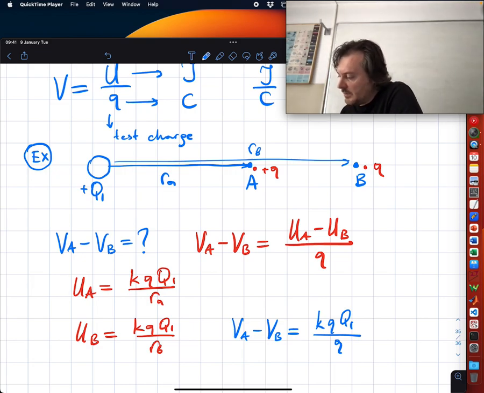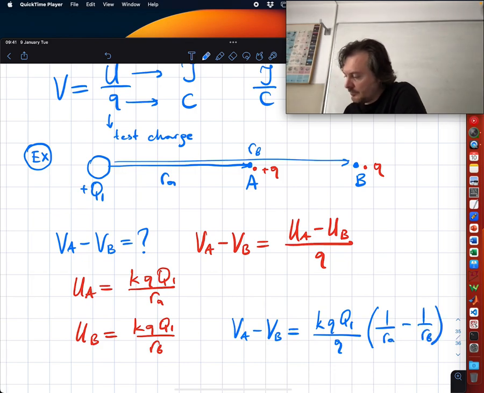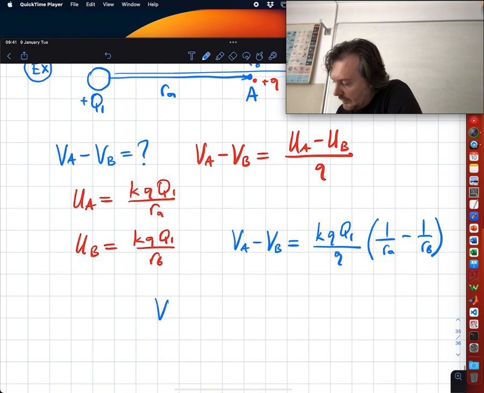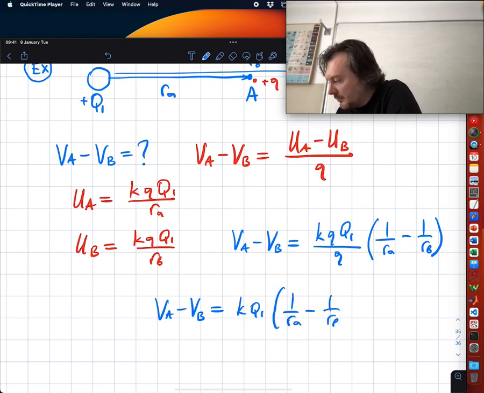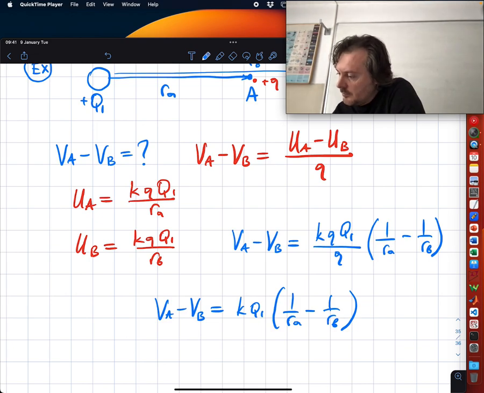Because you have to divide it by Q, times 1 over RA minus 1 over RB. So VA minus VB is K Q1 times 1 over RA minus 1 over RB. Okay?